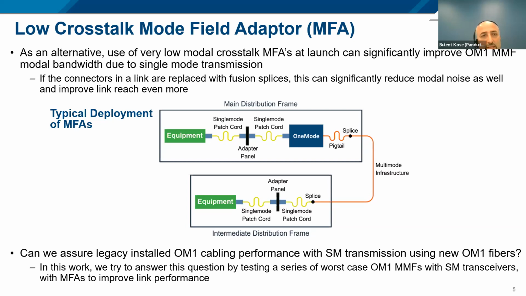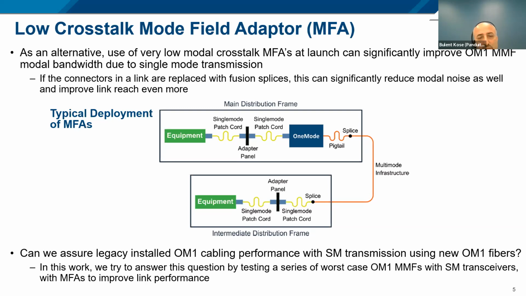The idea is, if we use a mode adapter at the beginning, from single mode to multimode, and then get rid of all the connectors by fusion splicing them, which means we're reducing all the offsets that could generate mode coupling, then we can have a pretty reliable system that works with single mode over multimode over longer distances.